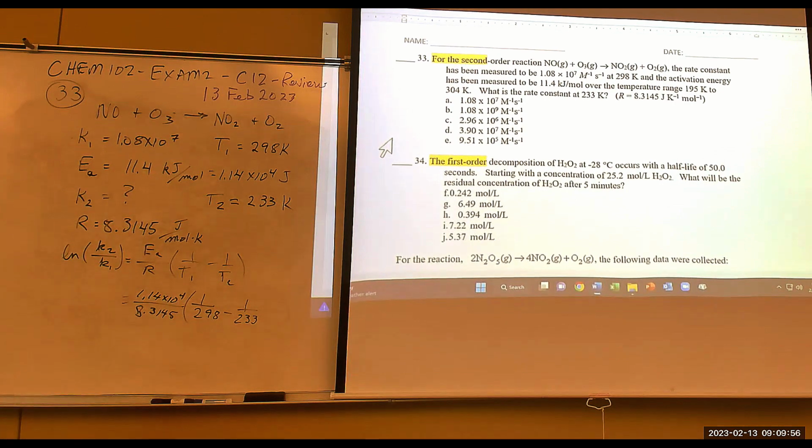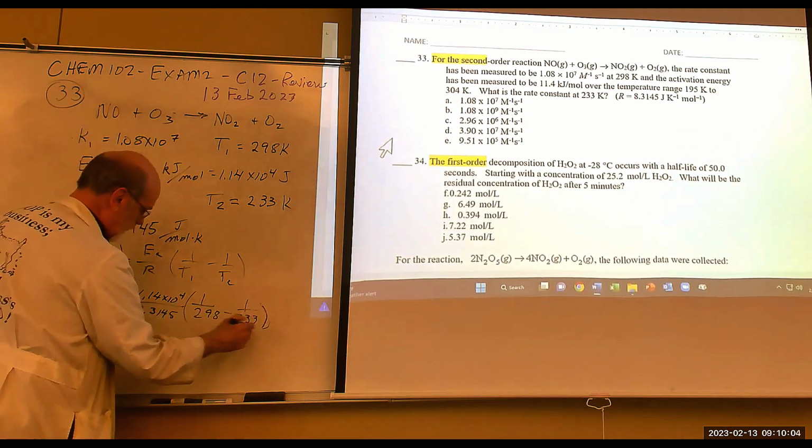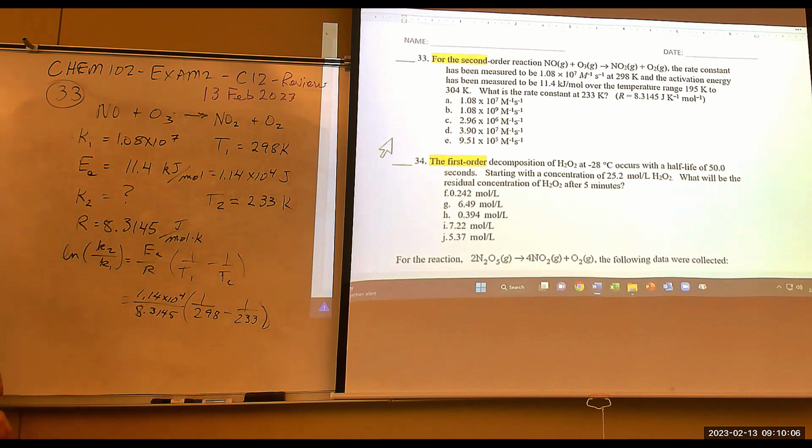T1 minus T2. Did I write that correctly? Yes. Okay. Just checking. Right. This is nothing but math. We can reduce this to a single number. Right. So why don't we do that first?